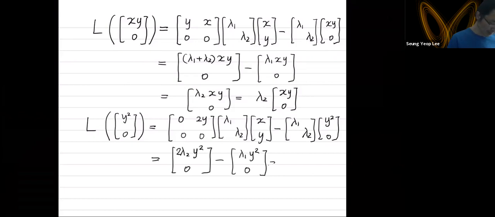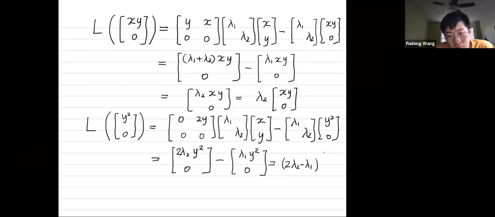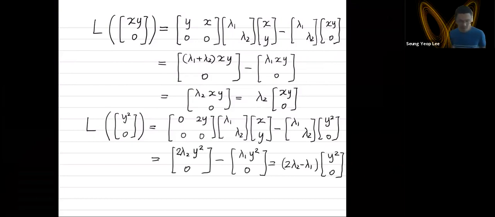So here you get, again, the eigenvector with the coefficients becomes 2 lambda 2 minus lambda 1. So we just compute the first components non-zero. If you compute the second component non-zero, we will get exactly the same thing, except the roles of lambda 1 and lambda 2 change because of the symmetry.